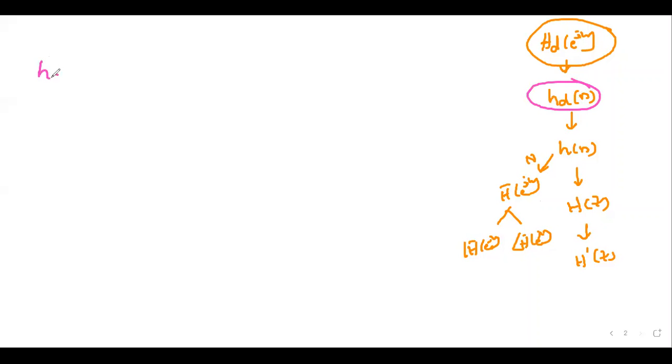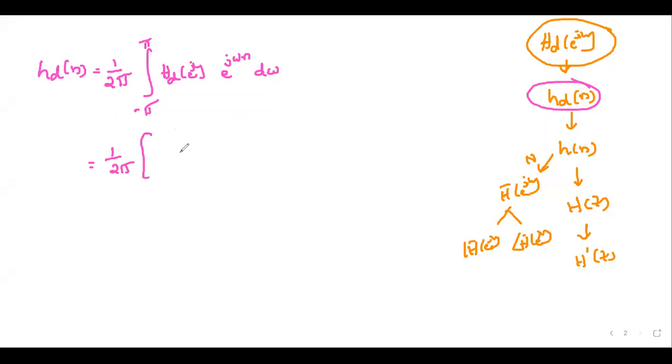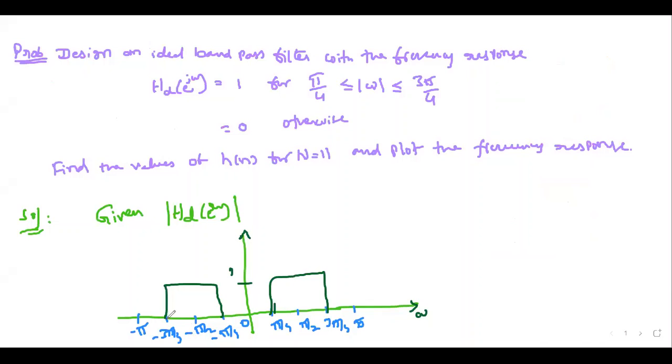hd of n, how to find out? This is equal to 1 by 2 pi integral, the inverse DTFT, so it is minus pi to pi Hd of e power j omega into e power j omega n d omega. Now this Hd of e power j omega can be split into two integrals, because in the previous graph it is clearly shown that from minus pi to minus 3 pi by 4 it is 0, but from minus 3 pi by 4 to minus pi by 4 it is 1.